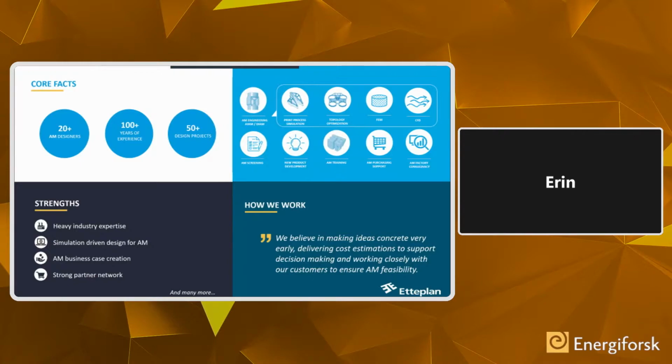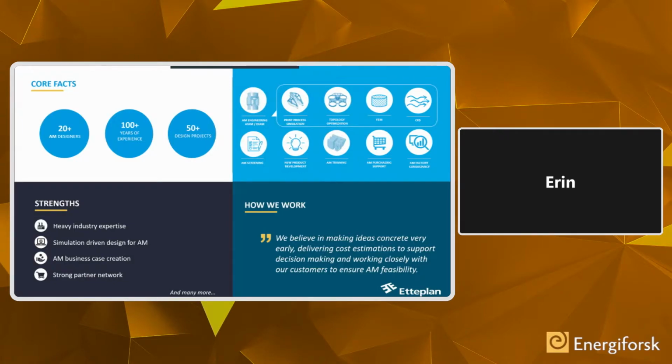We also have a wide variety of skills within our team that include areas of AM materials, methods, and machines, AM factory design, AM product design, and simulation. And our offerings in our AM services reflect this broad skill set.